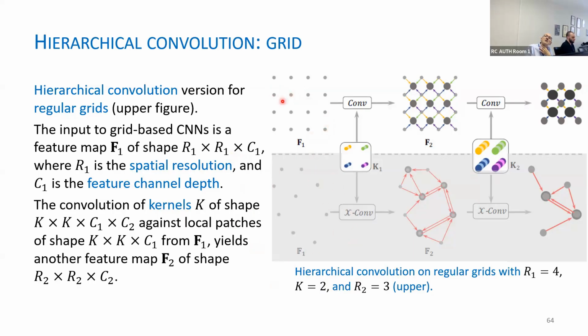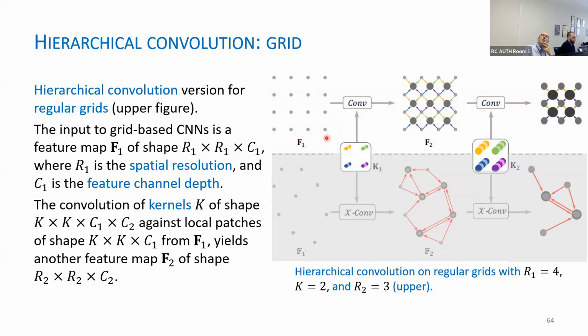In the image domain, looking at the upper part of the figure, we have a grid of points. Of course, for an image we have a grid of pixels, so these points are the pixels of an image. And we have this grid, in this case, of this dimensionality.